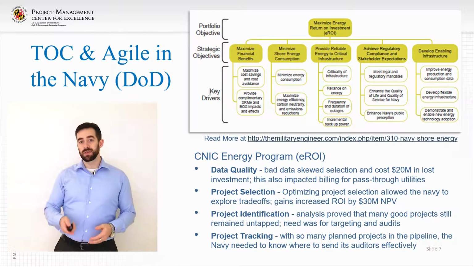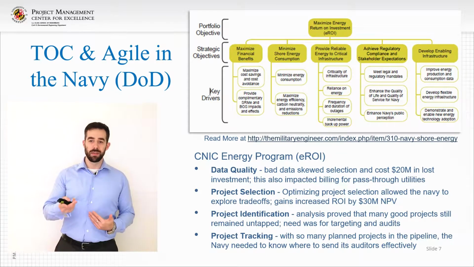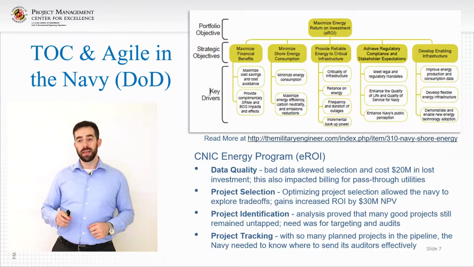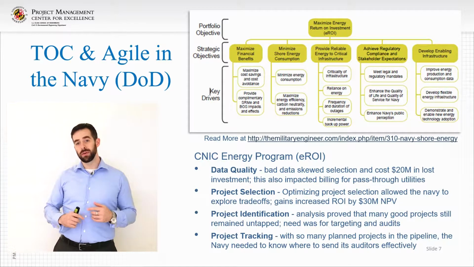Another example is a project that I did for the Navy, and I mentioned this in the week 1 course. We were developing a decision support system for the Navy.